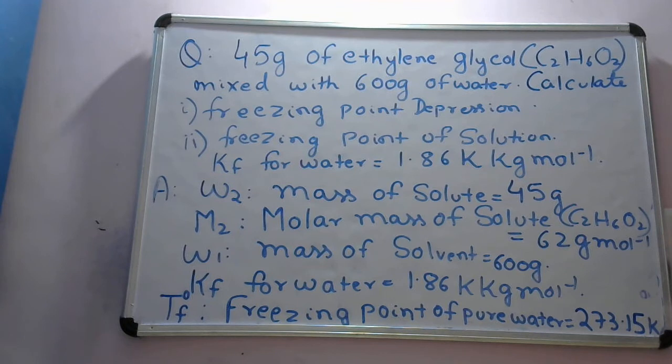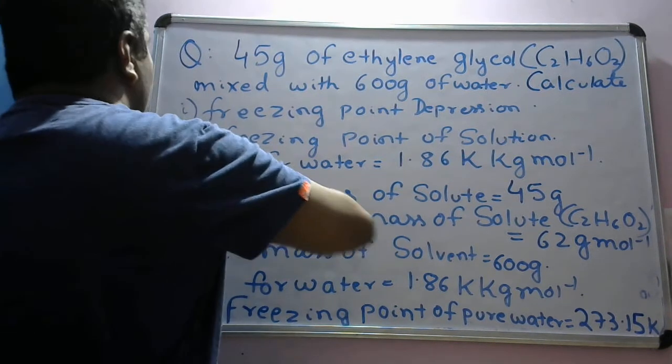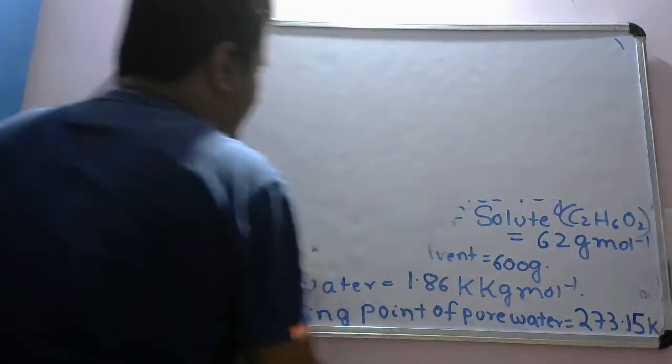So first we will find out freezing point depression. Every data we have. We will apply the formula and find the first part.